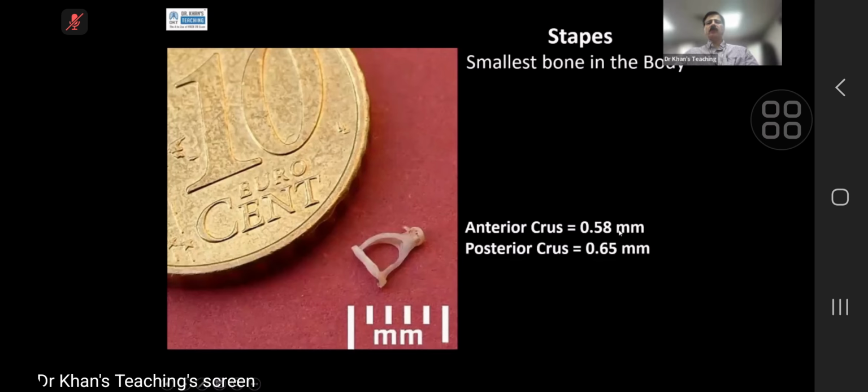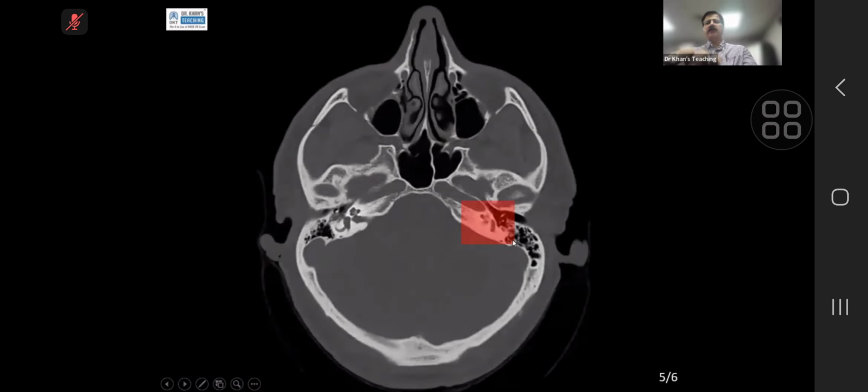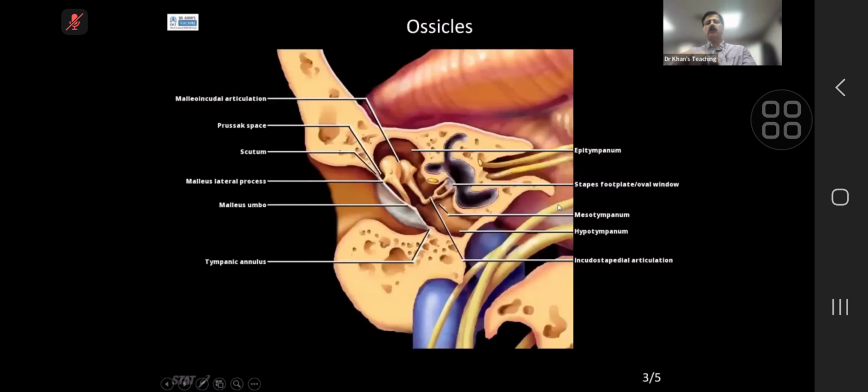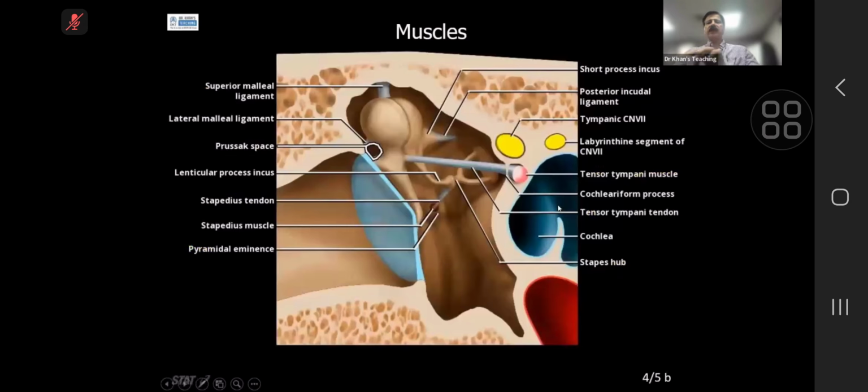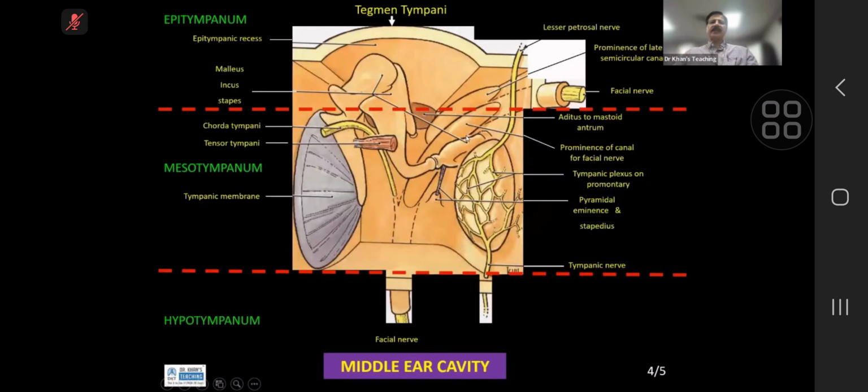Anterior crus is 0.58 millimeter, posterior crus is 0.6 millimeter, and we can actually see it on a CT scan. And we can see actually the joint also. So, with this background, this is a key diagram. Now you have to really concentrate, and part of it is going to be repetition. And this is the main diagram on which you have to concentrate.